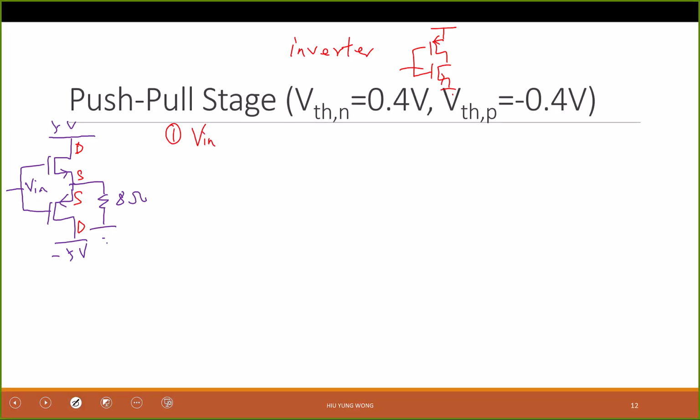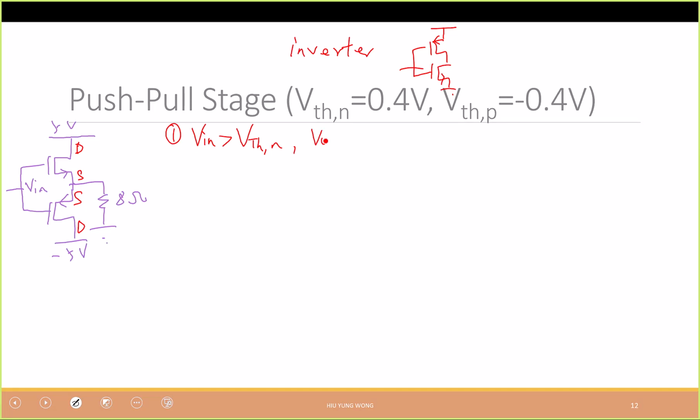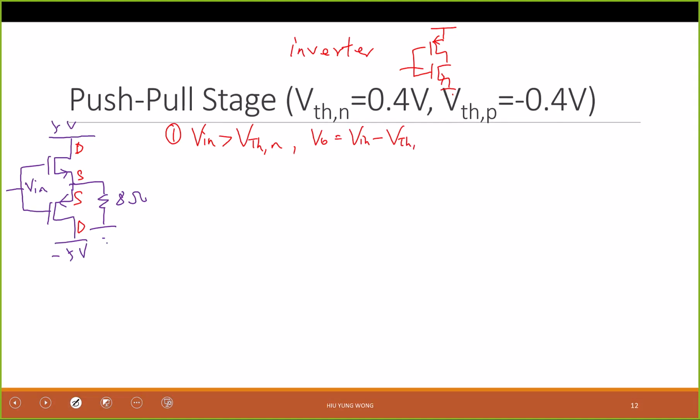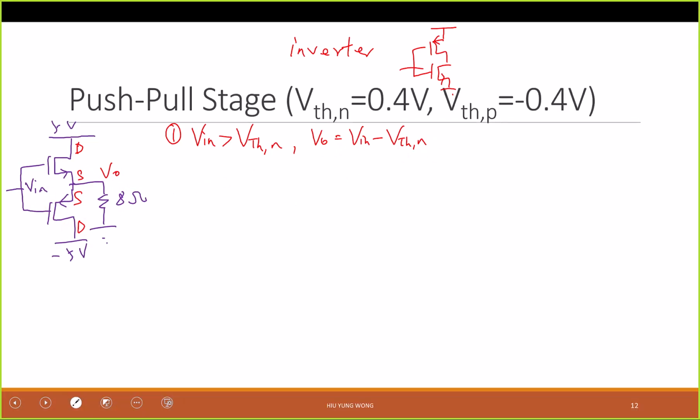When V in is larger than VTH of N, okay? Then you will find that V out equals V in minus VTH of N. That is exactly the function. This is V out of a source follower, right? V out equals V in minus the VTH of N. Then you may say, how about the PMOS?